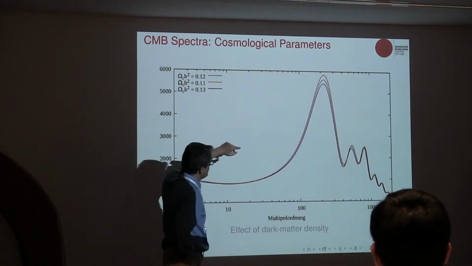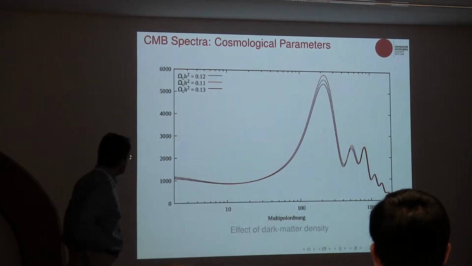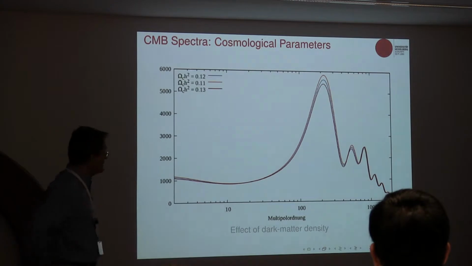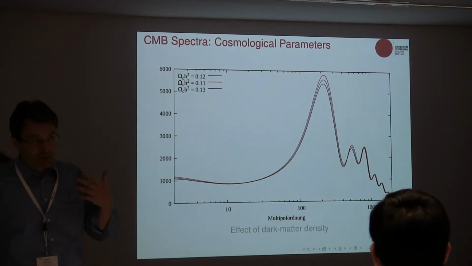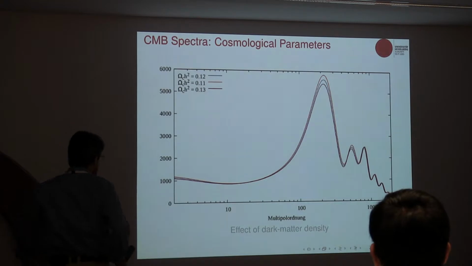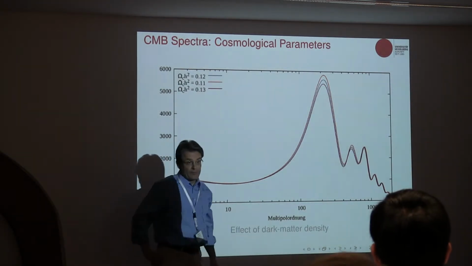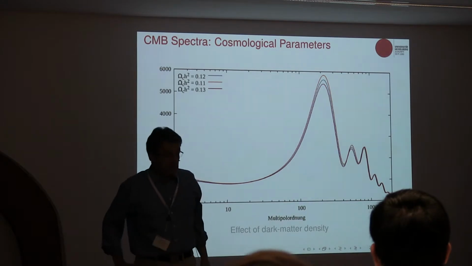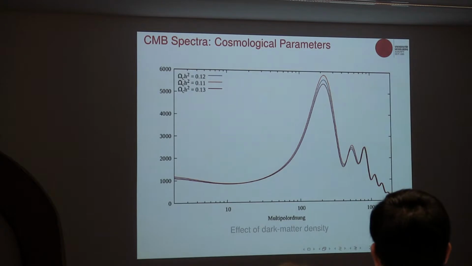So the blue curve in the center has been calculated with a cold dark matter density parameter times h squared of 0.12, so this corresponds to a cold dark matter density parameter of 0.25 roughly. And then I've changed this density parameter by 10% up and down. If you lower it by 10%, you get the orange curve.